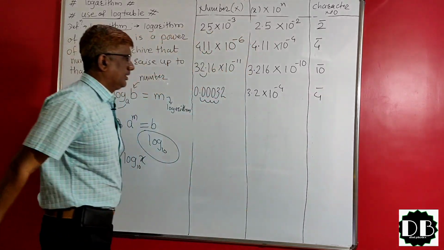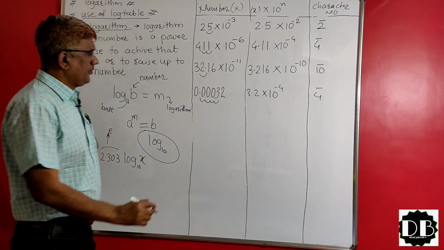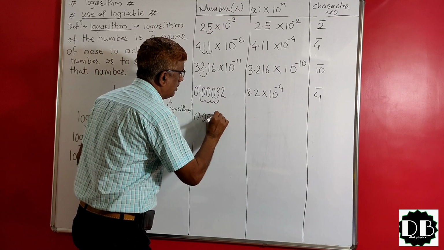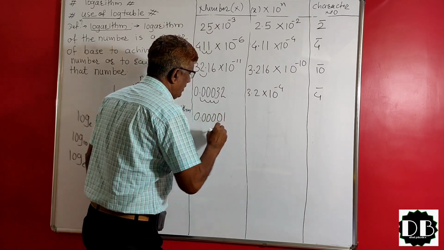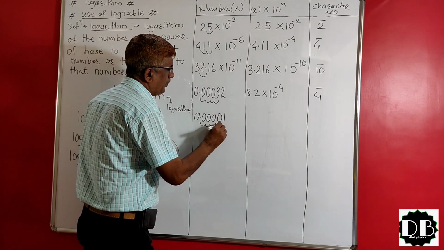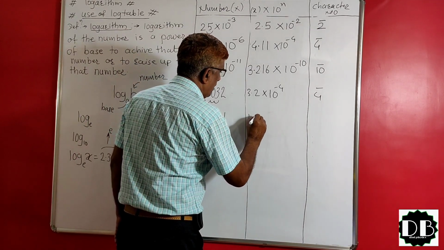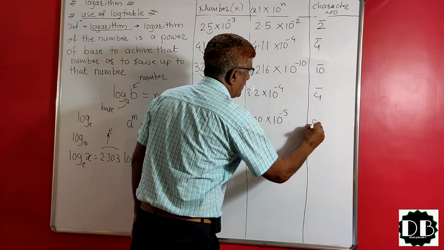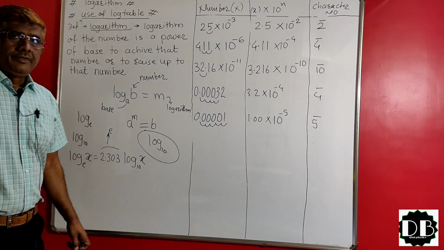Bar 4 is our character number. We have the number 0.00001. We have to shift 1, 2, 3, 4, 5. 1 into 10 raised to minus 5. Bar 5 is its character number.